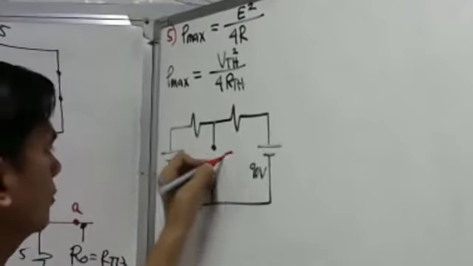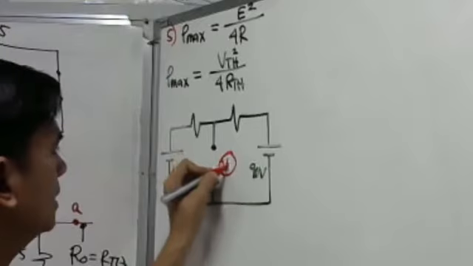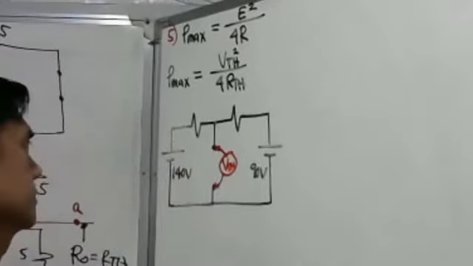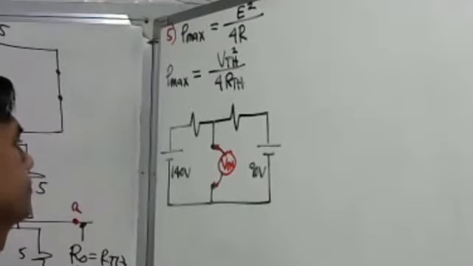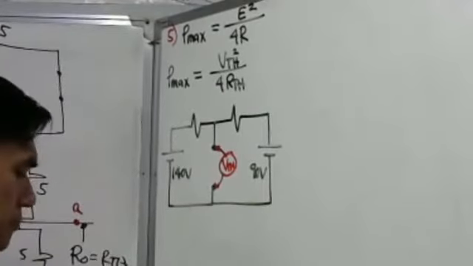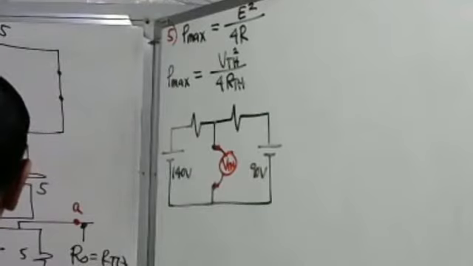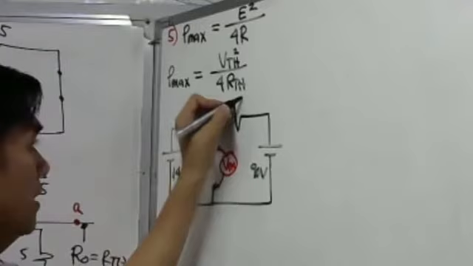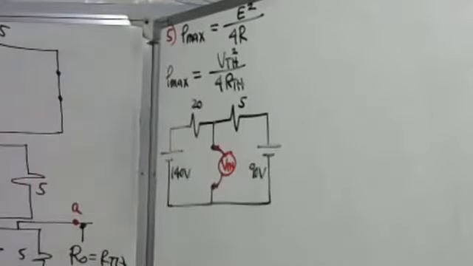If we are to connect our VTH here, this is our 20 ohms. This is our 5 ohms here.